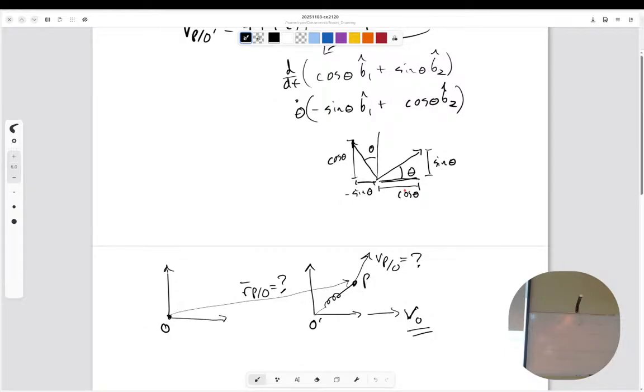But this would be like a STEM problem, like the Earth and the moon going around the Earth, going around the sun. So your fixed origin is now the sun, and the O prime is the Earth. That is pretty neat.